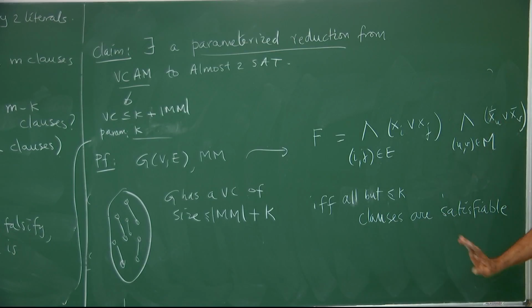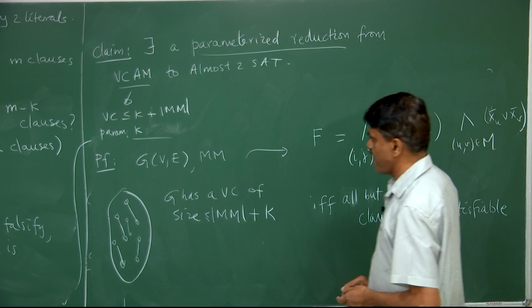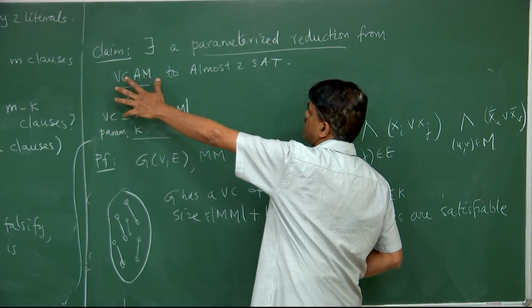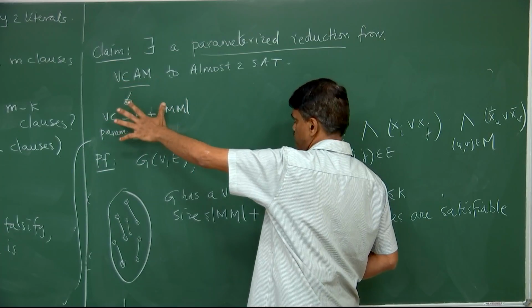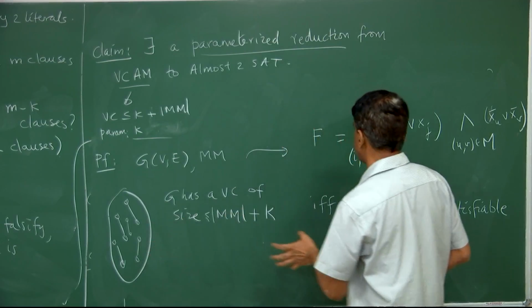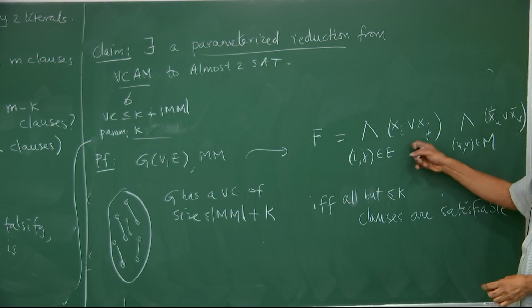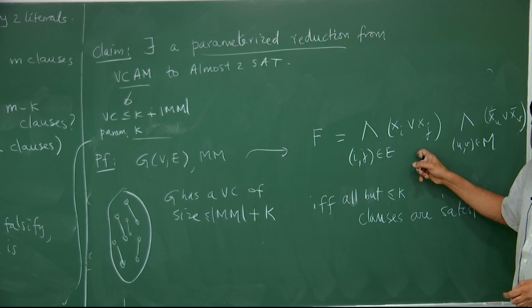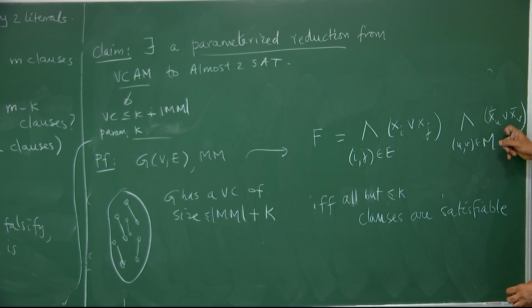So, here is my claim. Let's try and prove this. In the input you are given a graph and a maximum matching. From this, I construct this formula which says that for every edge at least one endpoint is there, for every edge in the matching at most one endpoint is there. Okay, that is my formula.